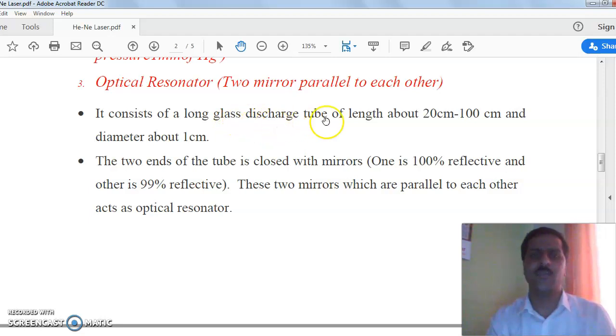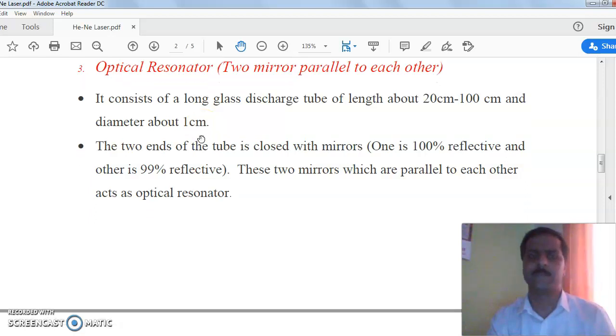Now construction in detail. The discharge tube in the helium neon laser has a length of 20 to 100 centimeter. 100 centimeter, that is 1 meter, is the maximum, but in a standard laser it is 50 centimeter. So that length is variable, 20 to 100, and the diameter is 0.5 to 1 centimeter.